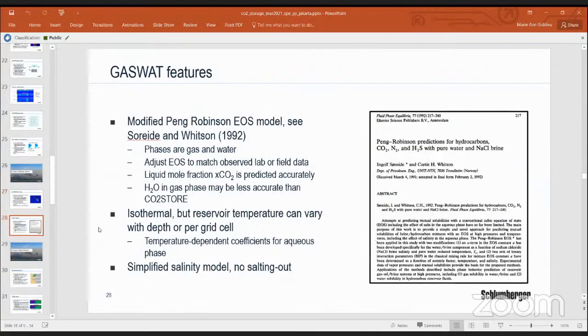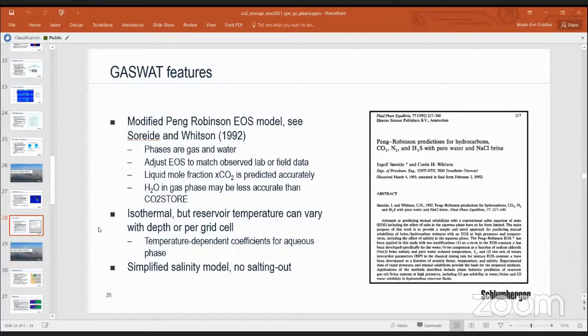The GASWAT equation of state is a modified Peng-Robinson model which was published in 1992. You can construct the parameters for this model by matching observed lab or field data. It predicts the liquid mole fraction of CO2 very accurately. The amount of water in the gas phase may not be quite so accurate as for the CO2STORE option.